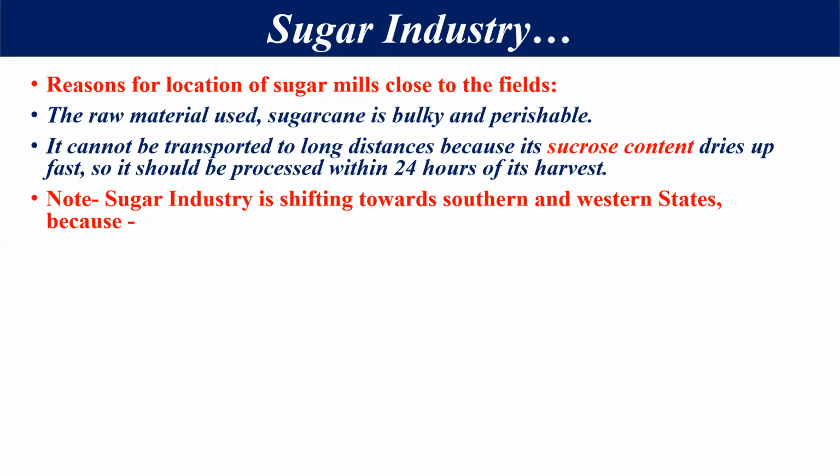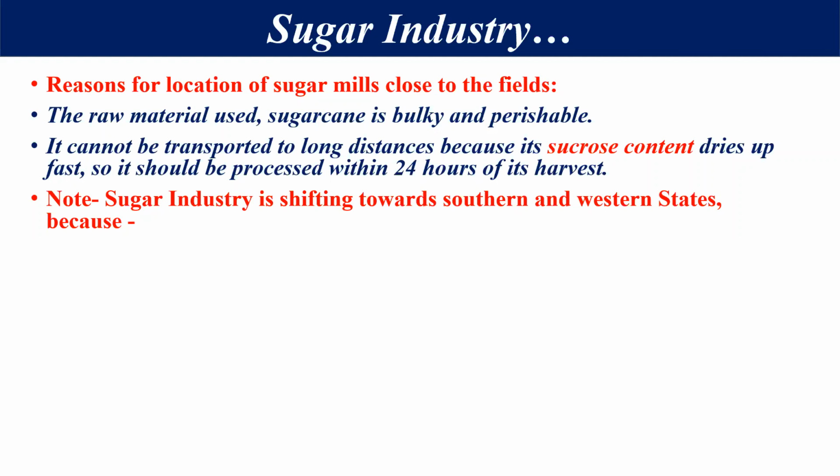This is our new trend. It means if we think about the southern part, Maharashtra, Tamil Nadu, Karnataka, okay, these are the areas. Now we have to understand why this shift is there.